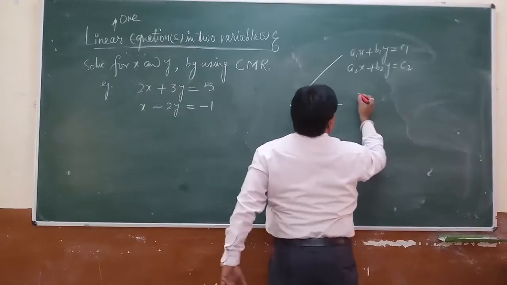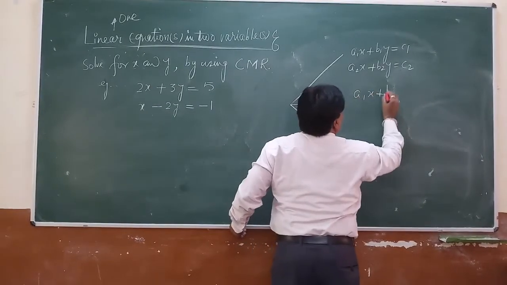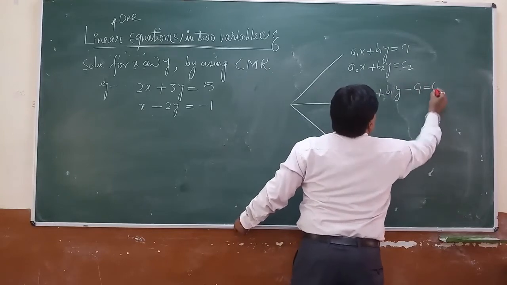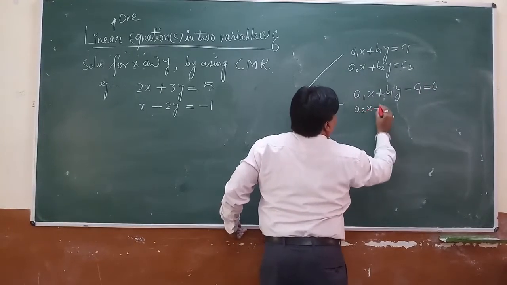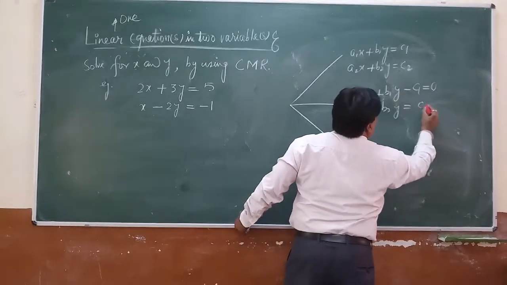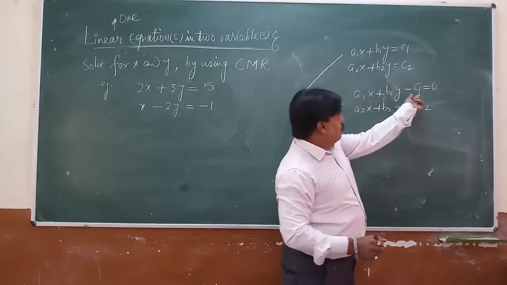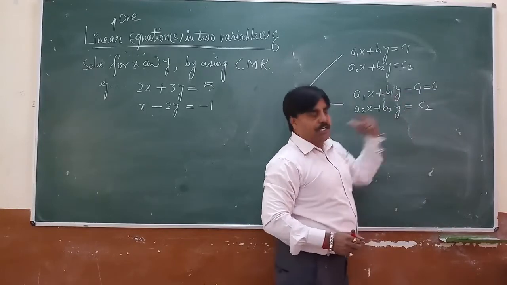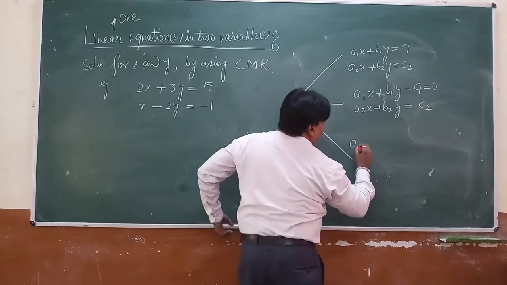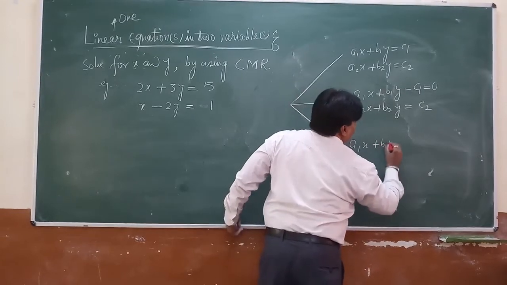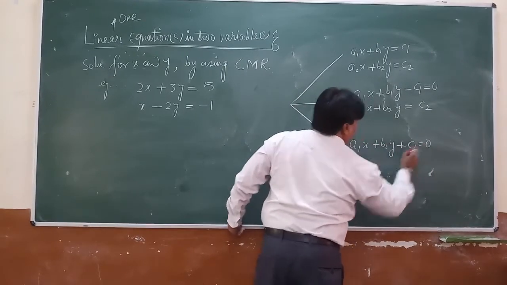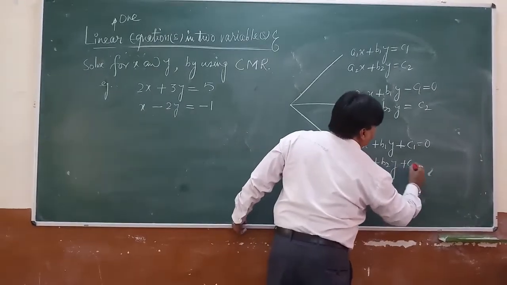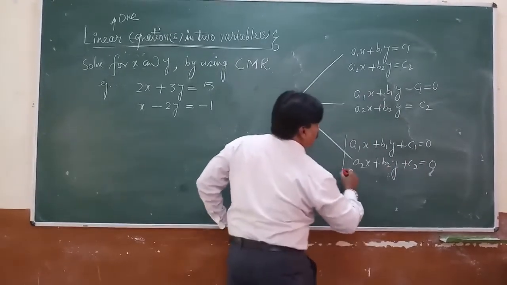Second may be, suppose, a2x plus b2y is equal to c2, meaning one constant is on the left hand side, that is equal to 0 here, but here it is equal to the constant term. The third case may be like a1x plus b1y plus c1 is equal to 0, a2x plus b2y plus c2 is equal to 0. These three cases are there.